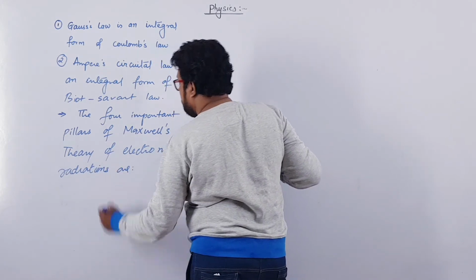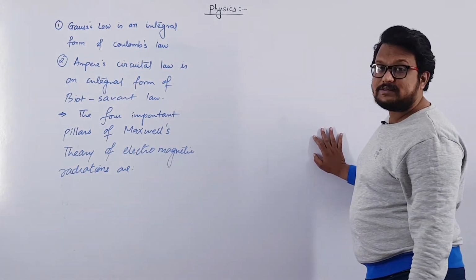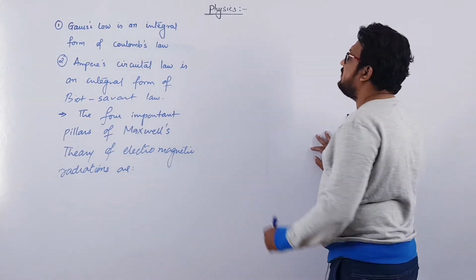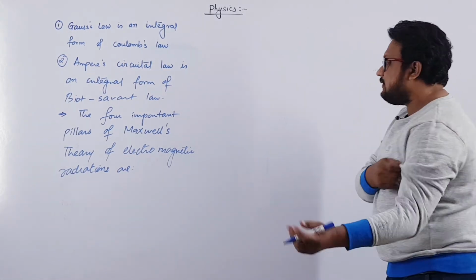They were the four important pillars, which means he used these four concepts to obtain the theory of electromagnetic radiation.